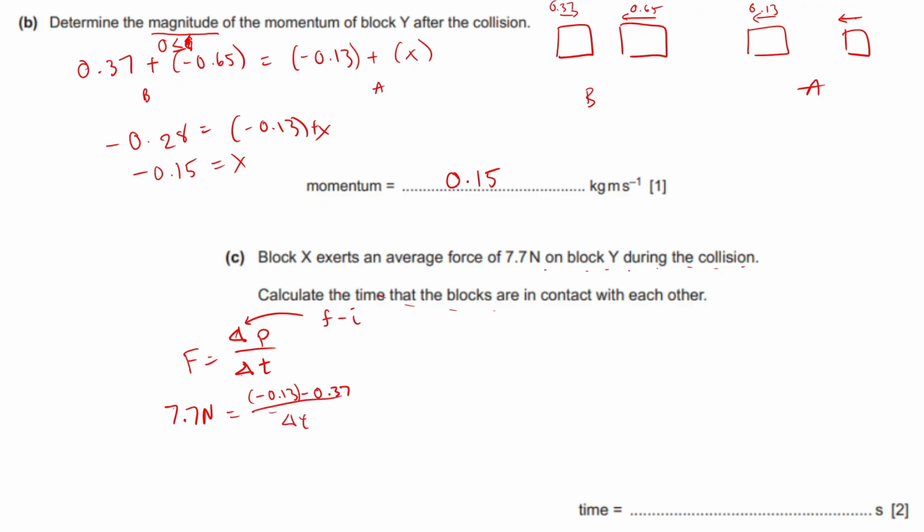So it's going to be final minus the initial always. And then we don't know t, so we're just going to put it as t, and then we're going to solve for t. And then you plug this value into the calculator. You simplify and plug it into the calculator, and then you get 0.065 seconds.